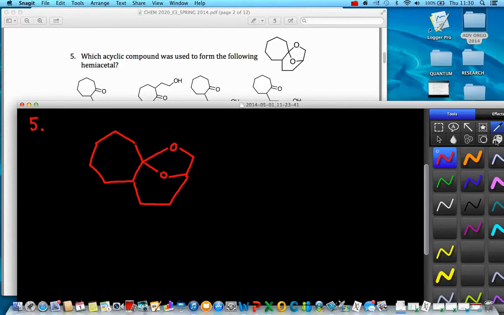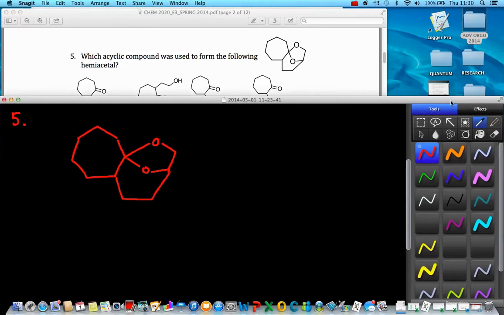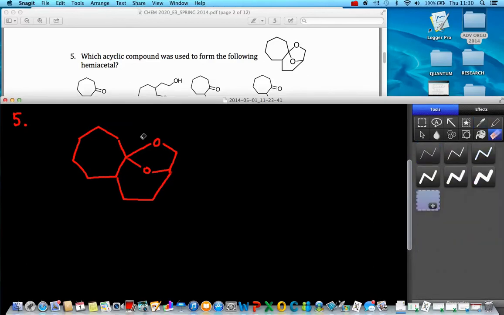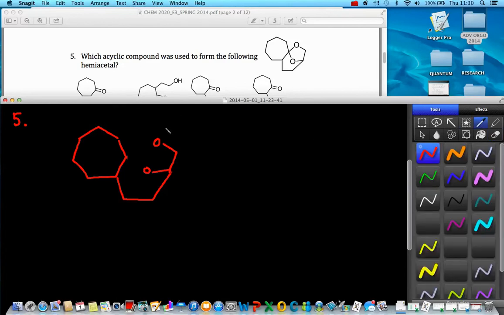I think the best way of approaching this is, you know, these 2 bonds were made, they now become OHs.